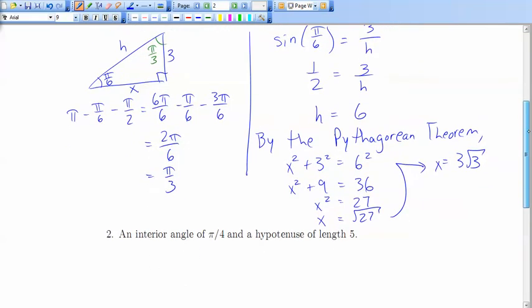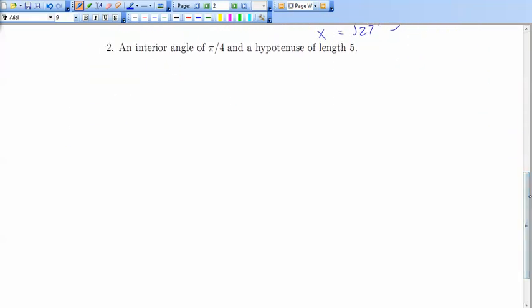Let's try another example here. All right, this time we have an interior angle that's pi by 4. The hypotenuse has length 5. Again, we can take pi minus pi by 4 minus pi by 2, the value of that right angle, put it all over a common denominator.